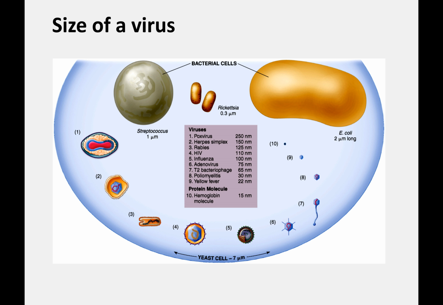Size of a virus. Viruses are really small. Yeast cell, which is a eukaryotic cell, is shown in blue. Bacterial cells on the top. One of the bigger viruses that we knew of for a long time, the pox virus, herpes virus, you can see their nanometer size.